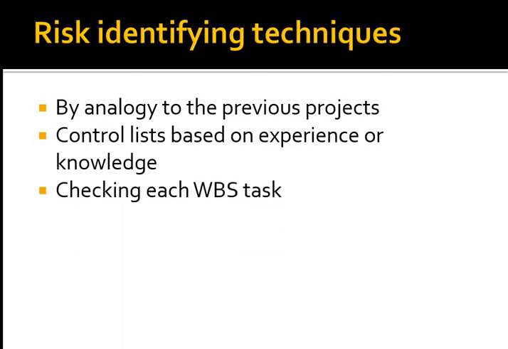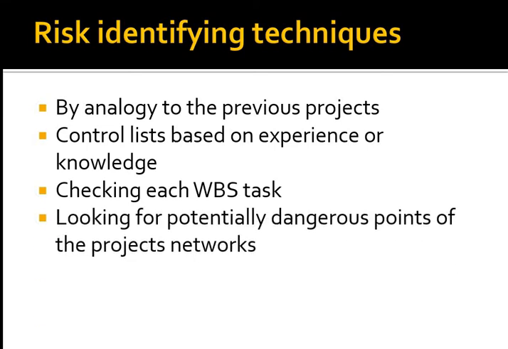We need to use our imagination when checking WBS tasks and to say what happens if and so on. And we need to analyze our product network if we can find any potentially dangerous situations.